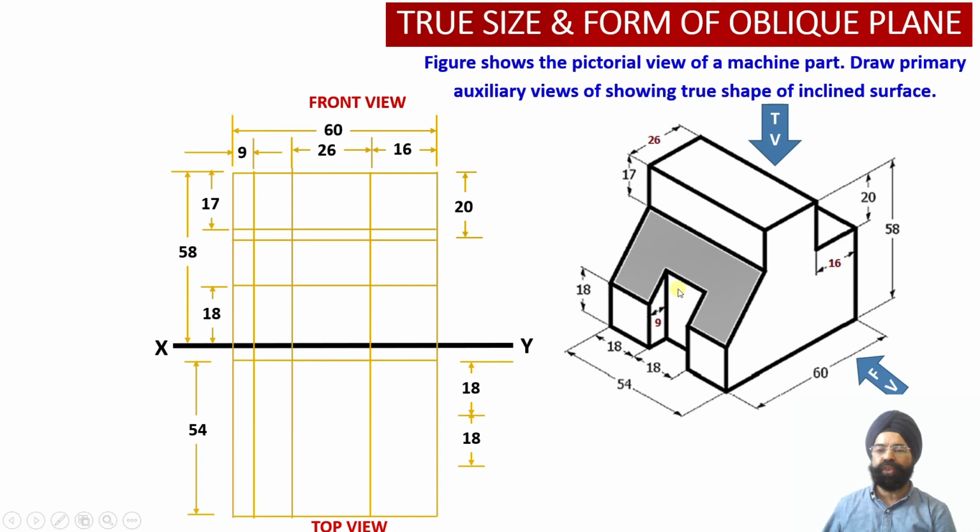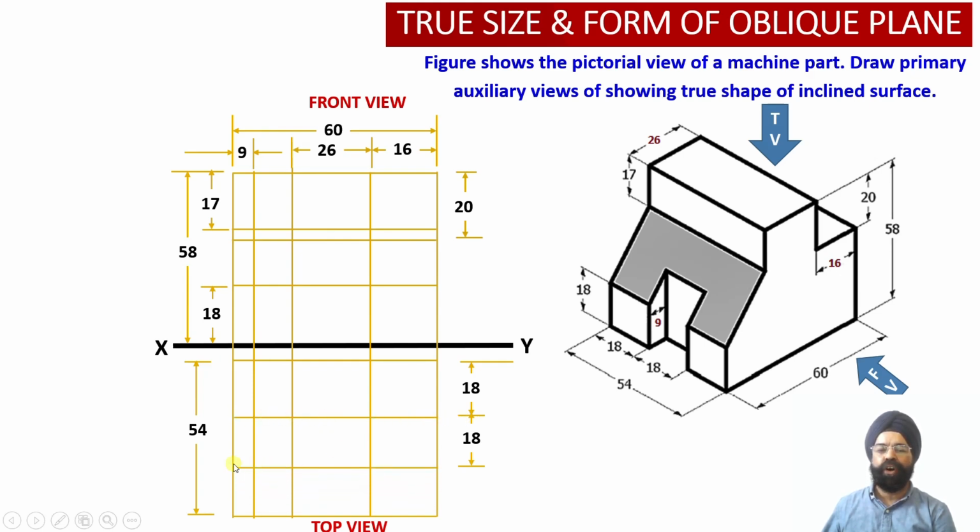Then we move on to this particular slot. We know that we have 18 millimeter from the rear end. You move forward and then you have the width of this rectangular slot equal to 18 millimeter. Once we have this 18 millimeter width of the solid at the center, we draw two horizontal projector lines over here.